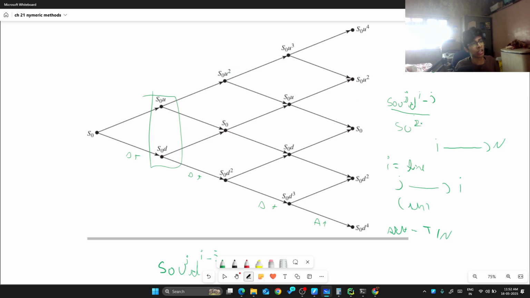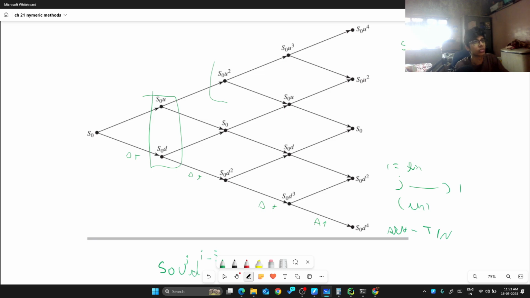If j equals 2, then i equals 1, right? Okay, let's do it again.